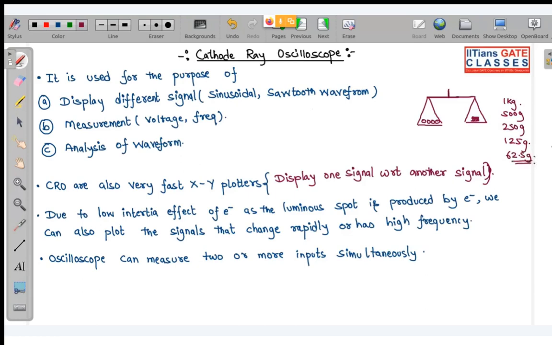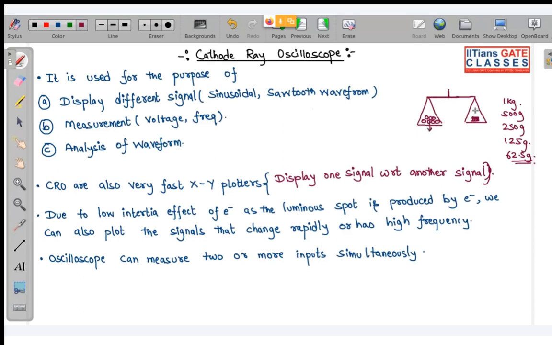But tell me one thing, if I continuously change the weights over here, can you balance the scale instantaneously? Tell me yes or no. No, sir. Instantaneously, we cannot balance. Why? Because this weight has some kind of inertia.